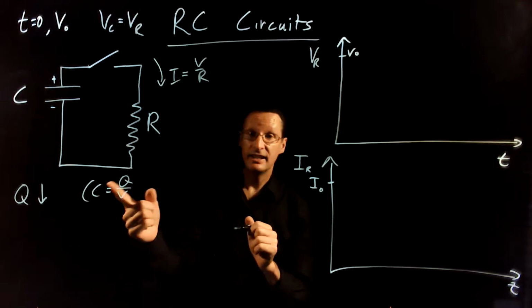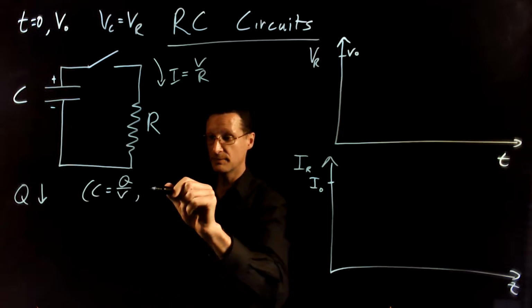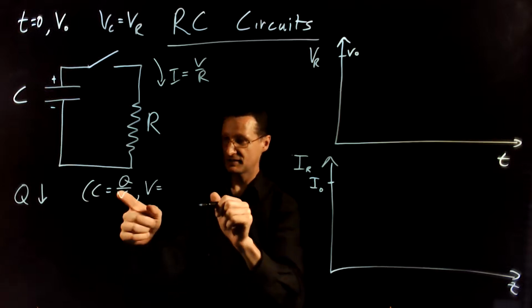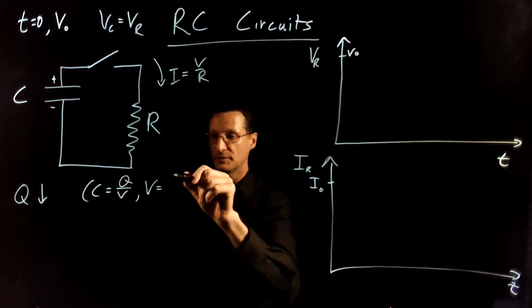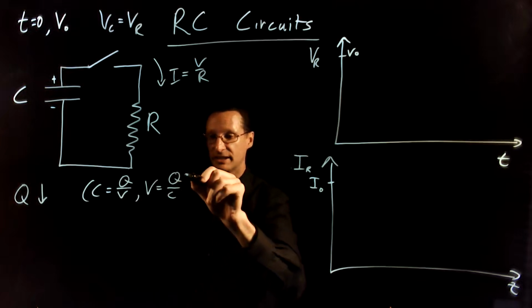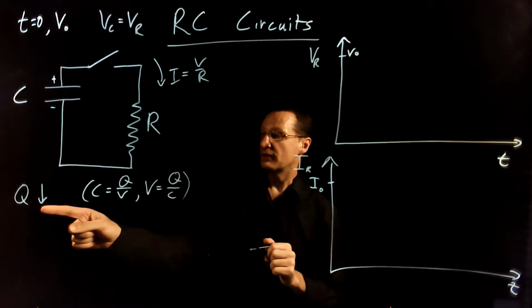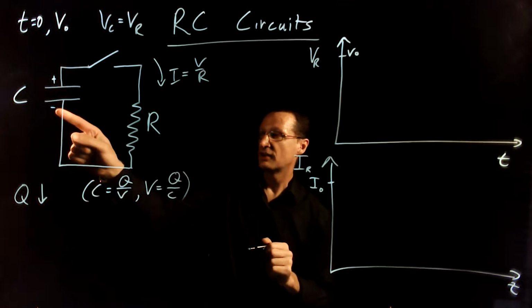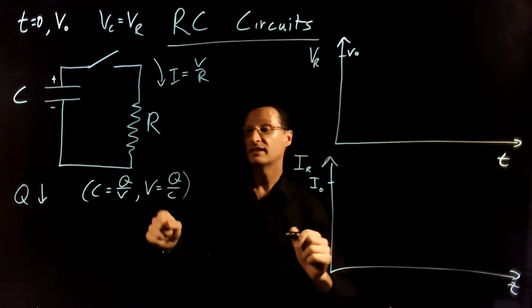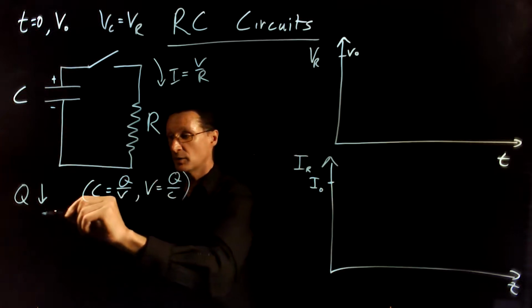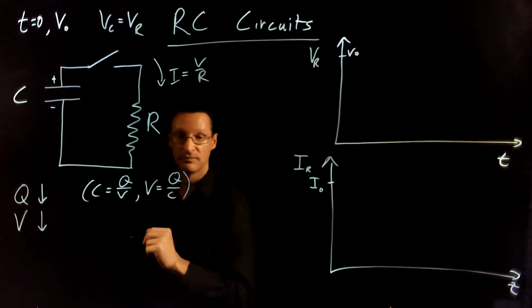That is, V and Q are proportional to each other. So if I just rearrange this, V is equal to Q over C. So if Q reduces on this, that means that V for the capacitor will also reduce, right?